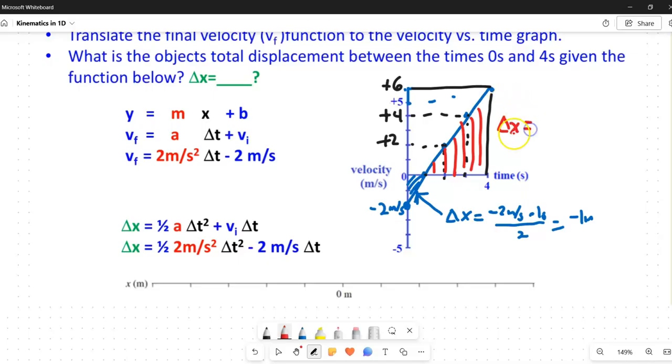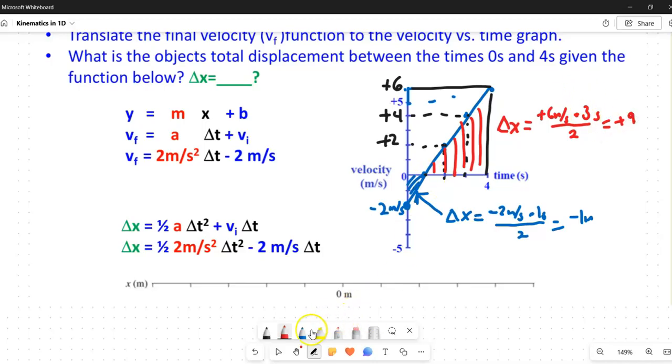So 6 times 3 divided by 2, or in other words, positive 6 meters per second times a total of 3 seconds, so only 3 seconds, divided by 2. So this is going to be positive 3 times 3, so that's going to be a positive 9 displacement.